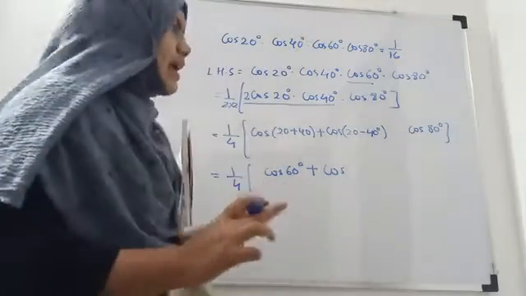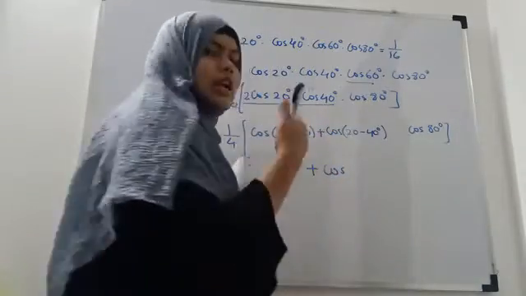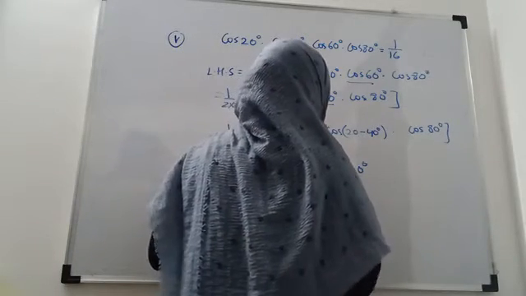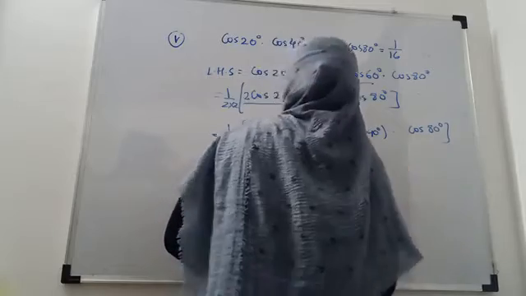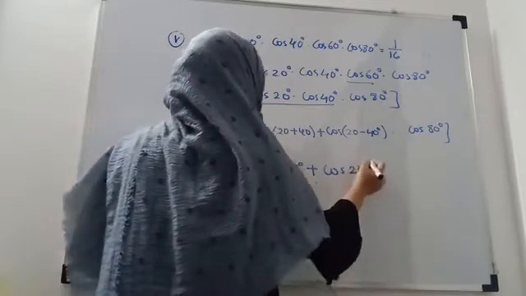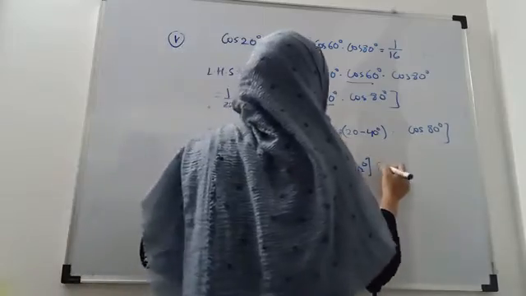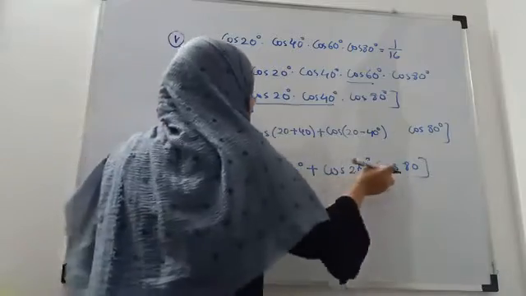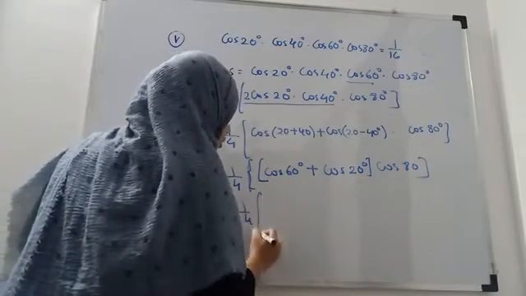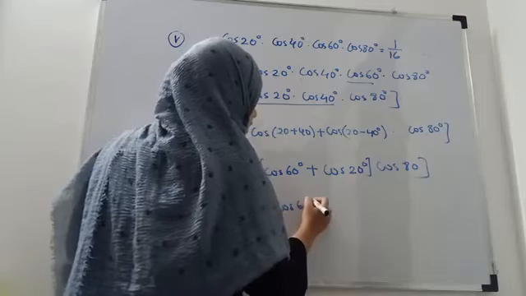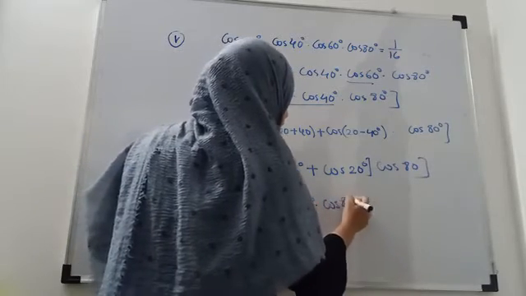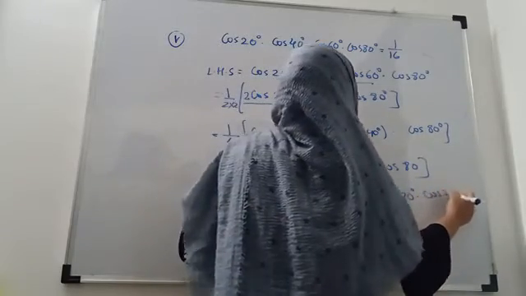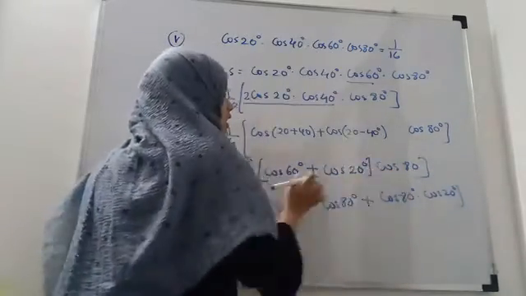It is cos minus 20, but cos will absorb the minus sign and it will remain cos 20 only, into cos 80 degree. Right, now we'll multiply cos 80 inside, so we'll get 1 upon 4, cos 60 into cos 80 plus cos 80 into cos 20. I have multiplied this cos 80 inside this bracket.